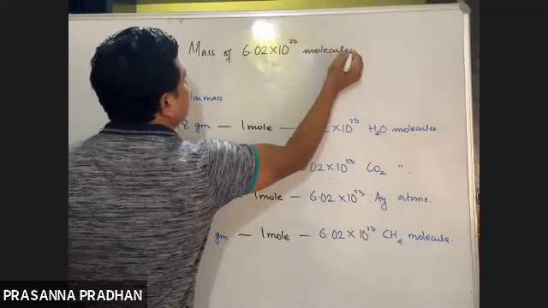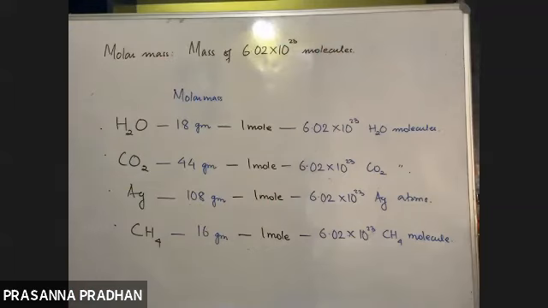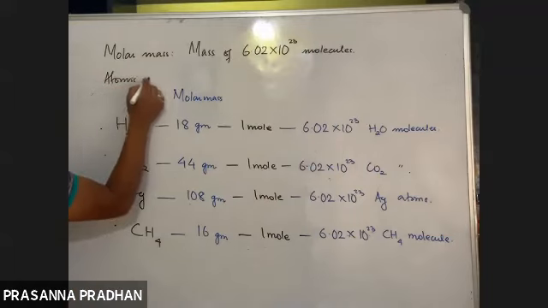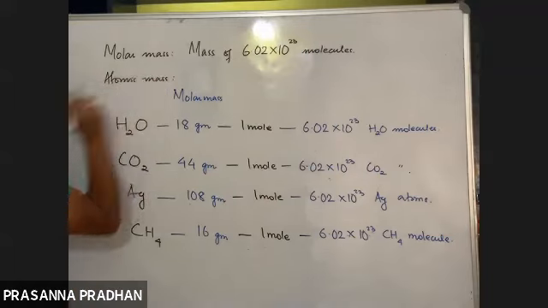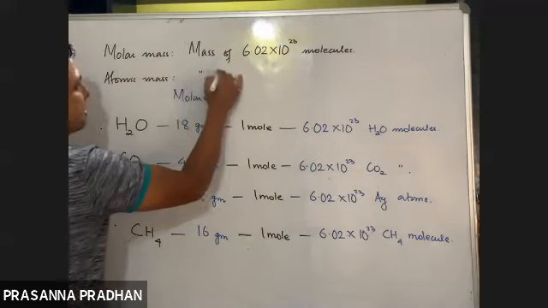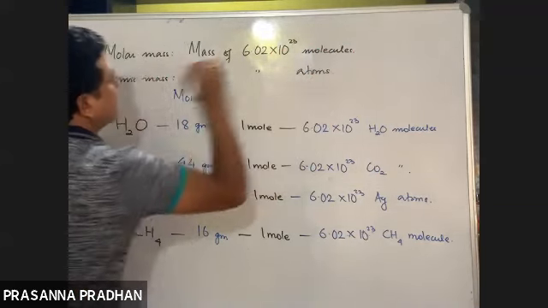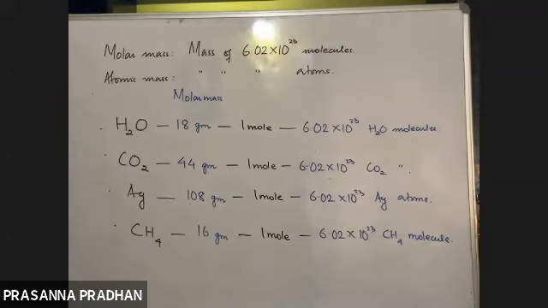So this is a new concept of molar mass. Okay. Similarly, how do you define an atomic mass then? What is atomic mass? It is the mass of, again, Avogadro number of atoms.